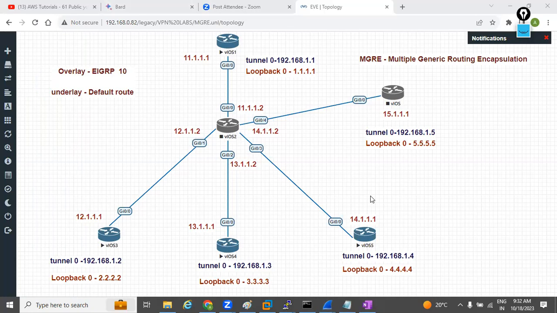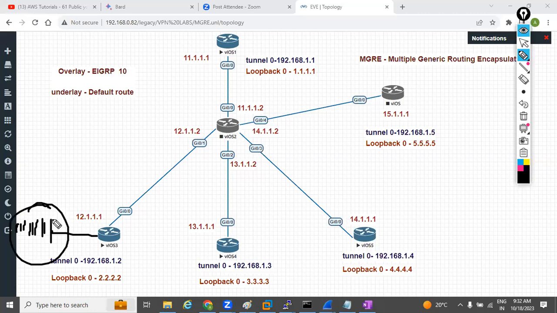Sir, what is the benefit of phase 3 network summarization you mentioned? Summarization: let's consider behind this network you have multiple networks, hundreds of networks, and you want to summarize them.